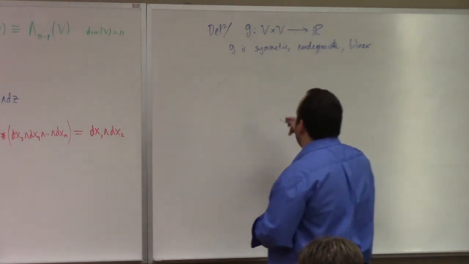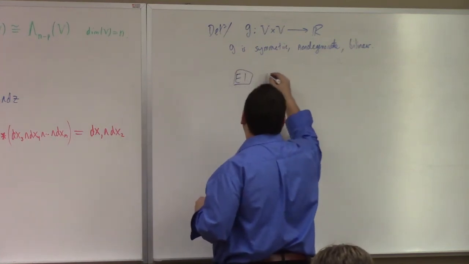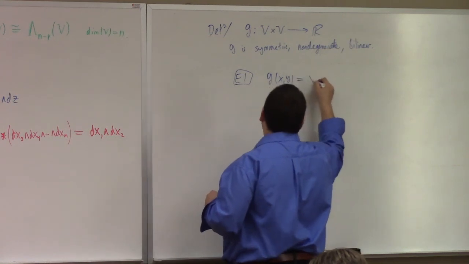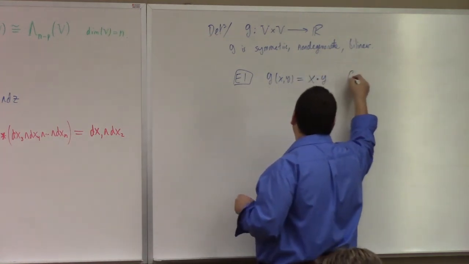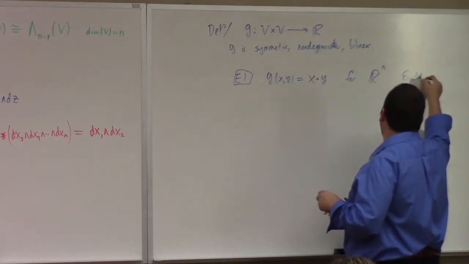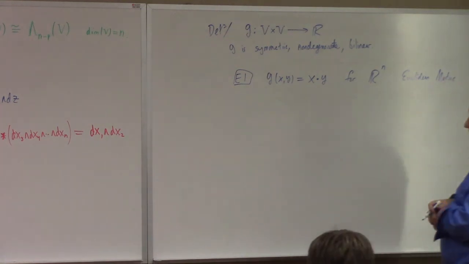There are basically two examples that I'm interested in. You could have g of x, y equals x dot y. For Rn, this is the Euclidean metric.